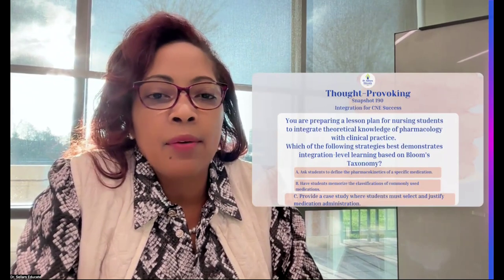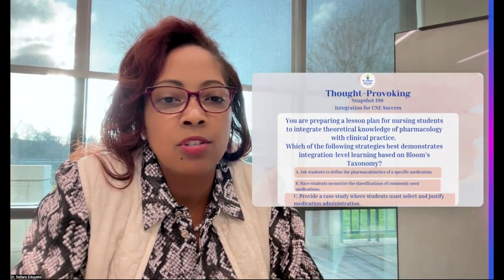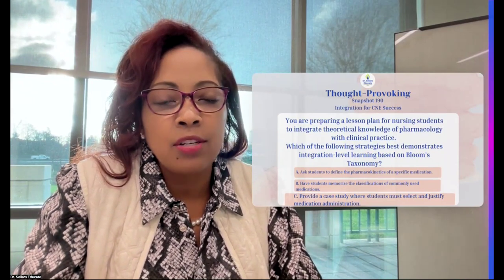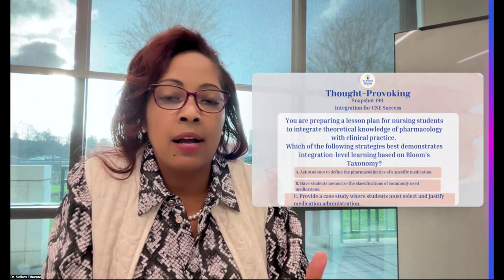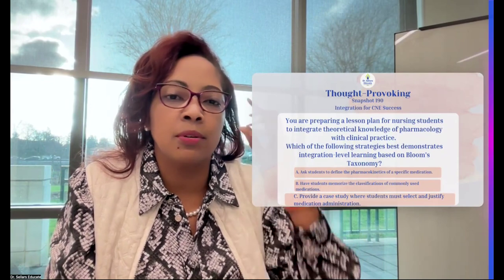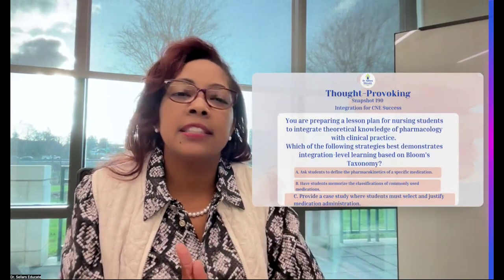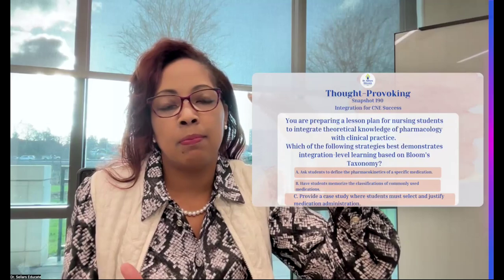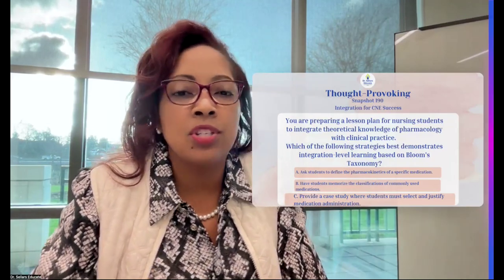All right, so A, we said, ask the students to define the pharmacokinetics of a specific medication. Well, when we think about integration, that's more that when we ask them to define or to describe the pharmacological influences or impact of a medication, that's more at that lowest level, okay? It can go up to that second level, but ideally it's not at that upper level, that upper third of the pyramid, I like to say, or taxonomy, which is integration.